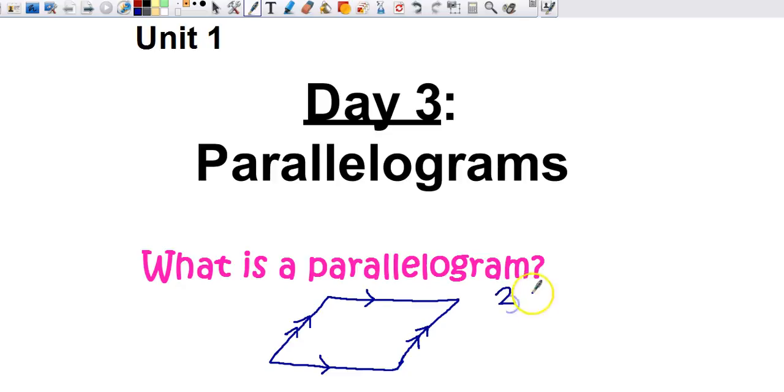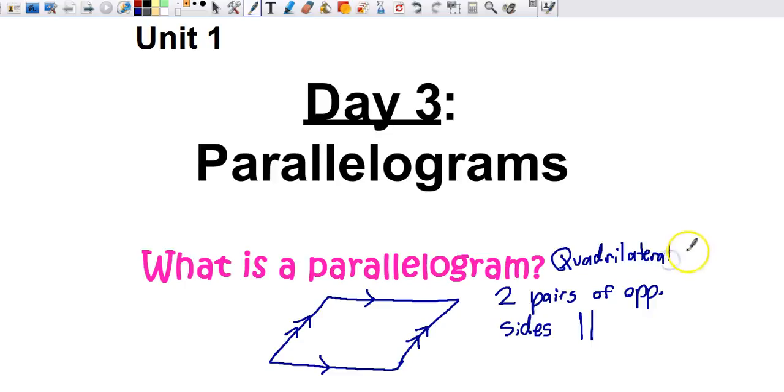So two pairs of opposite sides parallel, and it's a quadrilateral, of course. So that's the definition of a parallelogram.